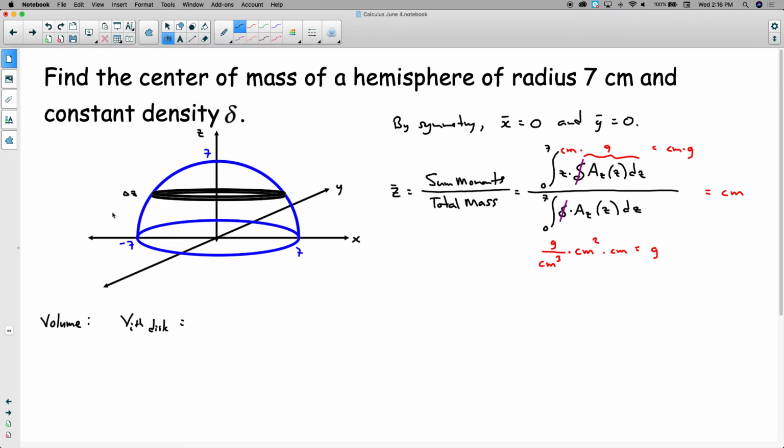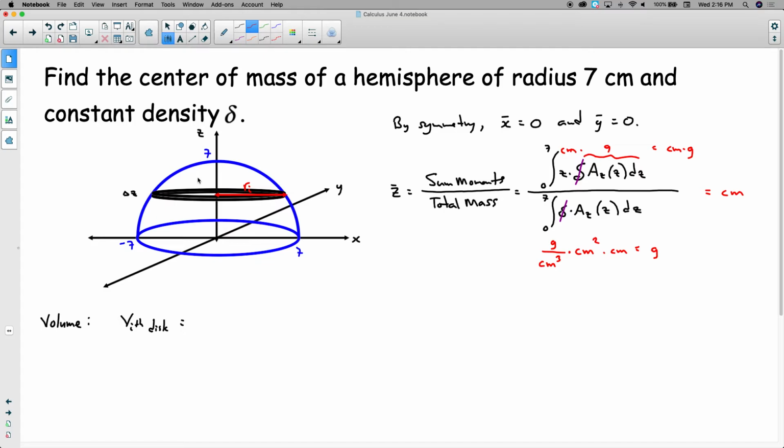And then, in order to find the volume of this, we need to know its radius. That's going to get lost in here, so let's do that in a different color. I'm going to call that r. R sub i, that would be a great thing to do. So that's the radius of the ith disk. And of course, there are going to be infinitely many such disks, and they go from radius 7 to radius 0.